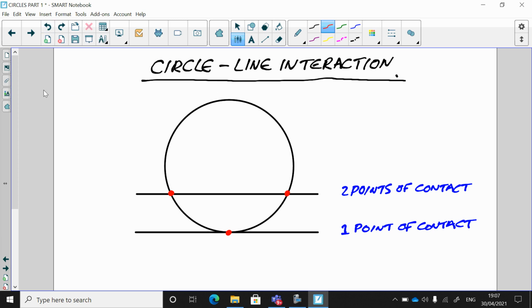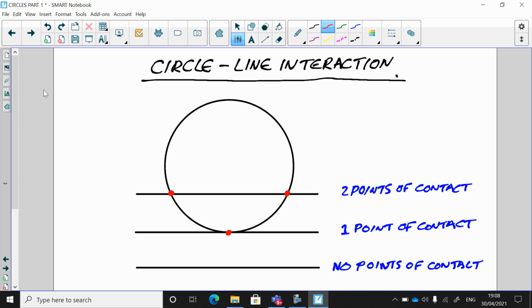Right. So we're talking about circle line interaction. So we've cut it at 2 points, we've cut it at 1 point. Circle line interaction. What does interaction mean? Well, interaction could actually mean you're not talking to each other. The circle's not talking to the line, which means there's no points of contact.